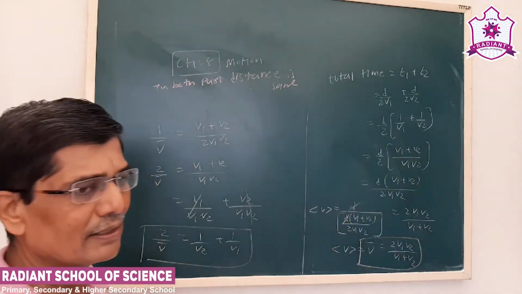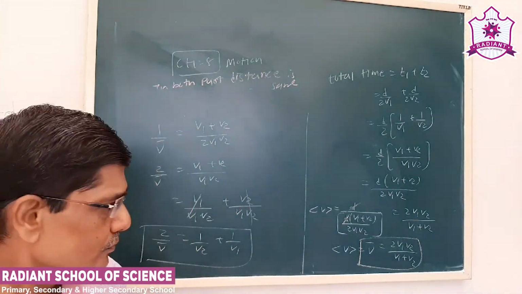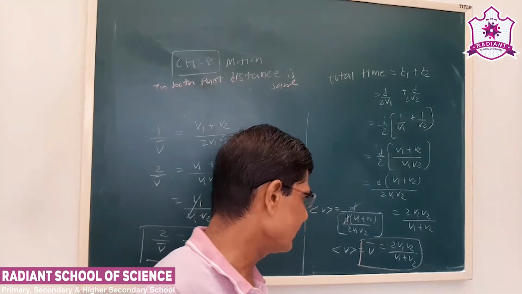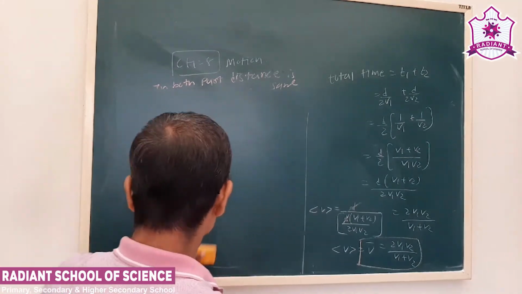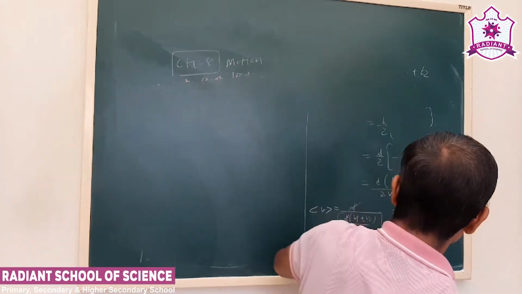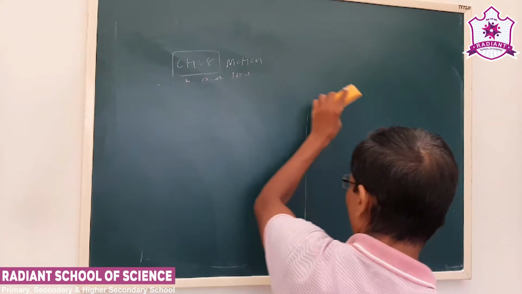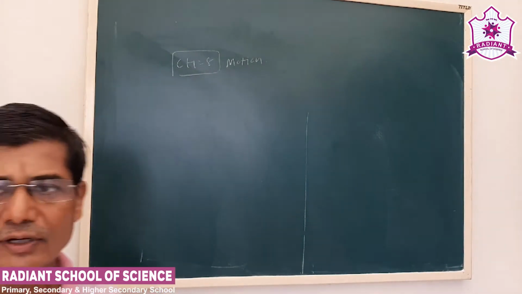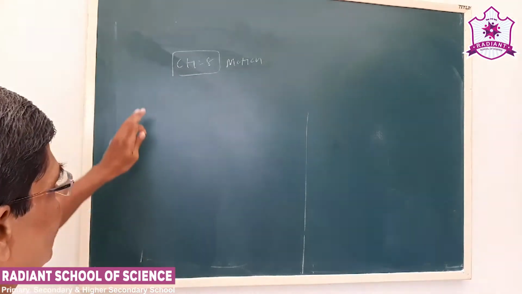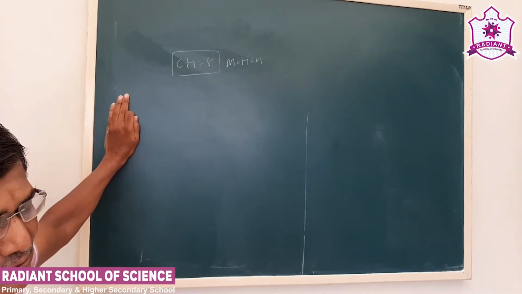In both parts, if distance is the same, then average speed is 2 v1 v2 upon v1 plus v2. This can be extended to more number of parts also, but right now it is not in our scope, so we do not discuss it. So this was the first case where in both parts distance is the same.